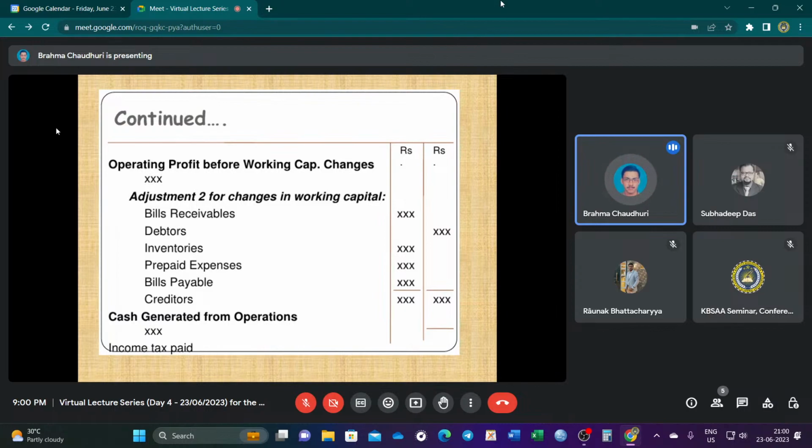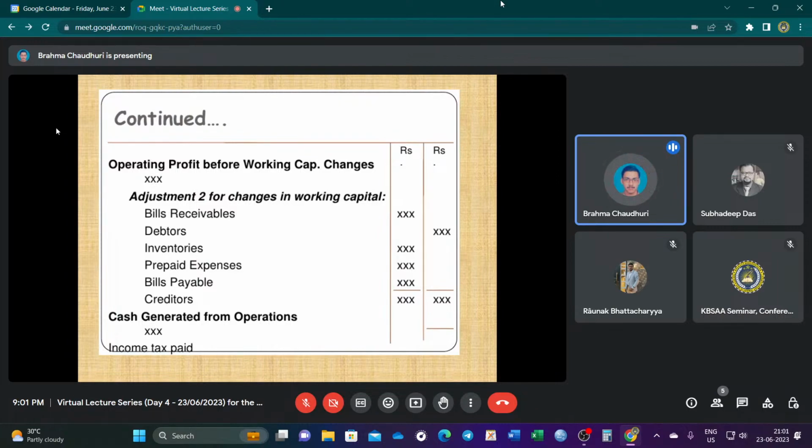Similarly, when current assets decrease, cash increases. Suppose the debtors have repaid their debt to the firm, and we have received the collection from the debtors in cash. Since cash is coming into the business, the cash account is debited, and the debtors balance is decreasing, so the debtors account is credited.